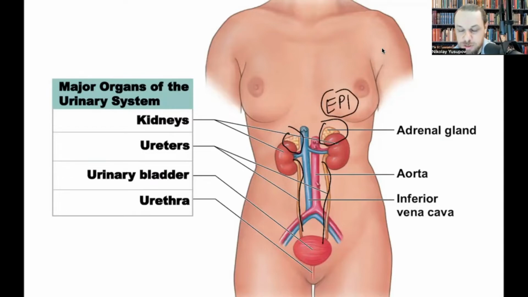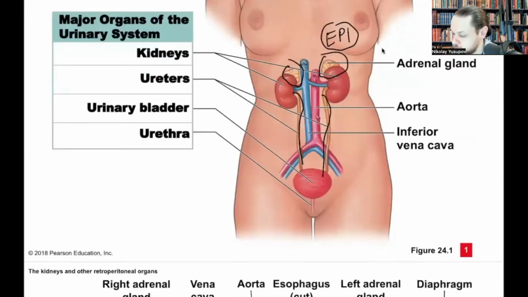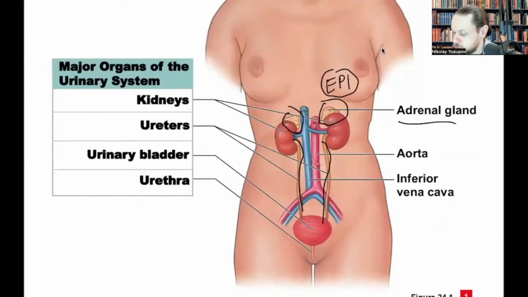But today we're also going to learn this gland also secretes aldosterone, and that is particularly important when we address the renin-angiotensin-aldosterone system. The function of aldosterone, which is secreted by the adrenal gland, is to reabsorb salt and water. So we're going to spend some time talking about the adrenal gland, specifically aldosterone secretions. And so these are essentially the major organs of the urinary system that you see here.